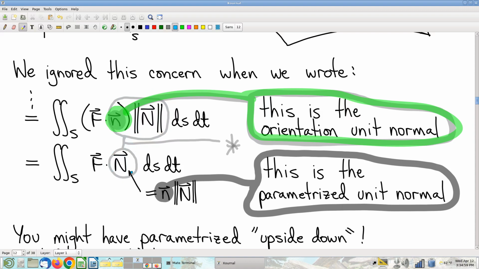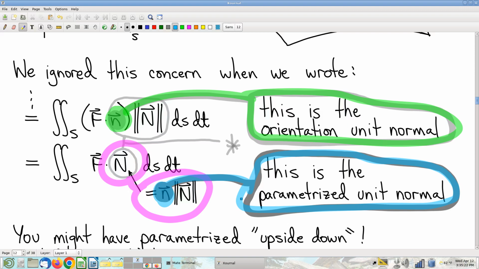Actually, it is equal to a unit vector times a magnitude. That part's true. But this direction here is the parametrized unit normal, not necessarily the same as the orientation unit normal. It's a coin flip as to whether those are pointing in the correct direction.